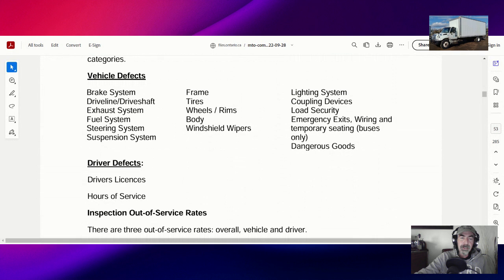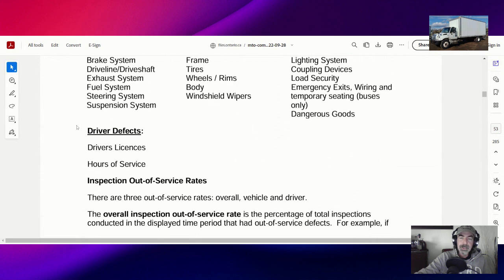Vehicle defects: brake system, frame, lighting system, driveline, drive shaft, tires, coupling devices, exhaust system, wheels, rims, load security, fuel system, body, emergency exits, wiring and temporary seating buses, steering system, windshield wipers, suspension system, dangerous goods.